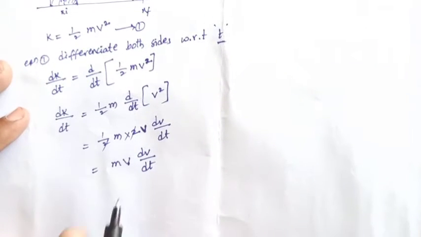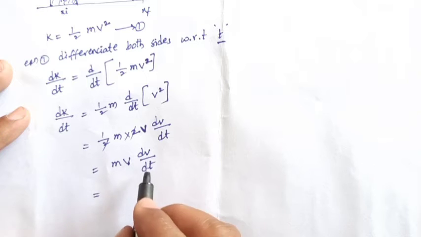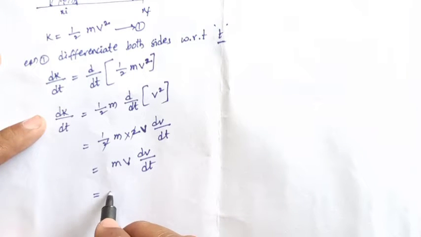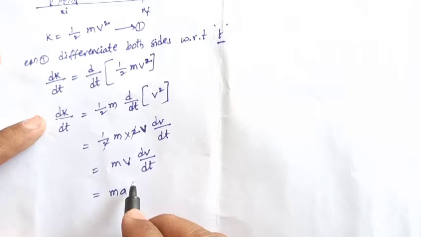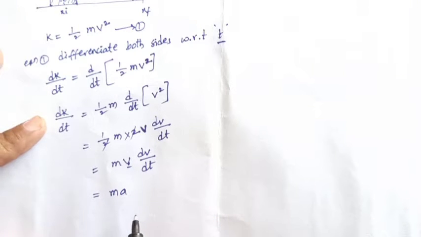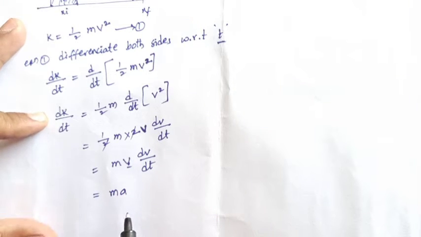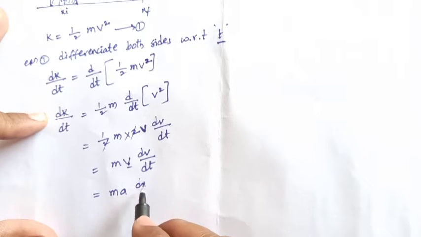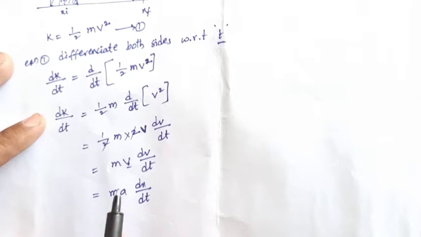Here dv by dt, the rate of change of velocity, is nothing but the acceleration. And v is the rate of change of displacement, so dx by dt. So m into a equals force, that equals force into dx by dt.